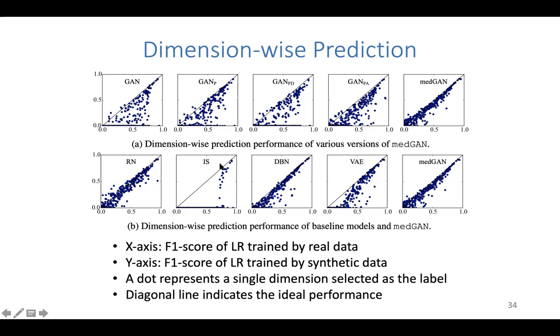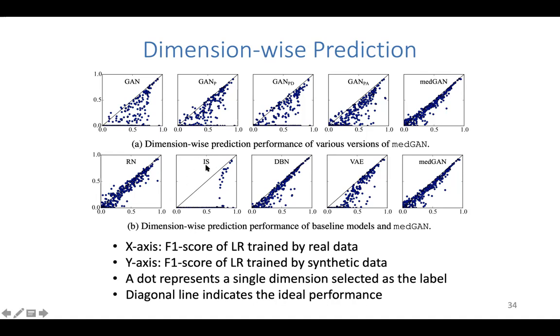Independent sampling, IS, actually just crashes all the way. It is unpredictable. So if you use the fake samples generated by independent sampling to train a classifier, then it is just not working at all.